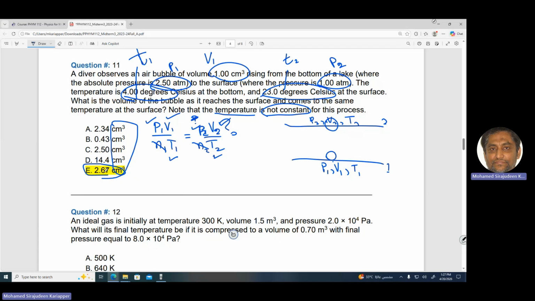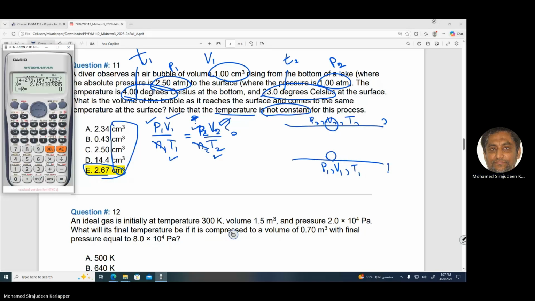Can we just put the final Kelvin in the equation, so instead of 4 degrees plus 273, put the final product? Okay, tell me what are you going to do differently here? Let me go back to the equation. This is the equation. What are you suggesting to me? Are you going to put 277 here instead of 4 plus 273.15?